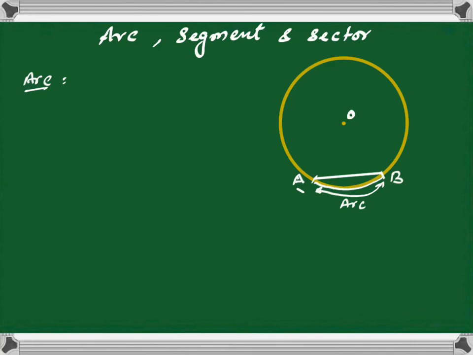So there is the concept of minor arc and major arc. This part AB is called the minor arc, and this part is called the major arc, or the bigger arc also.